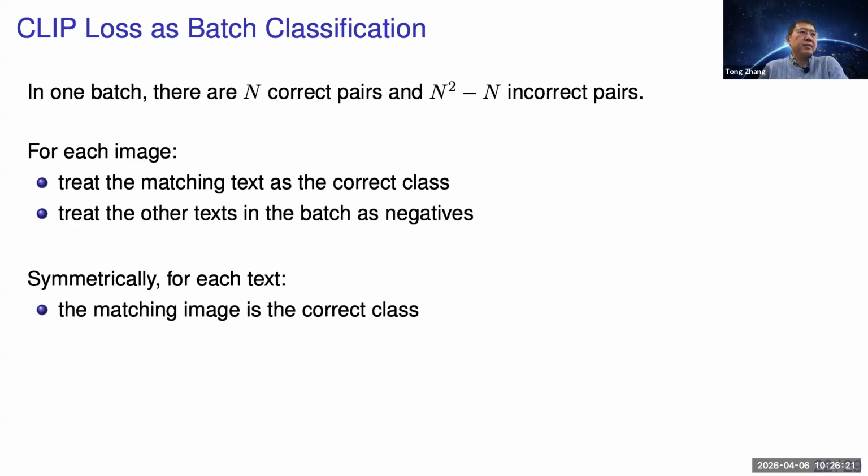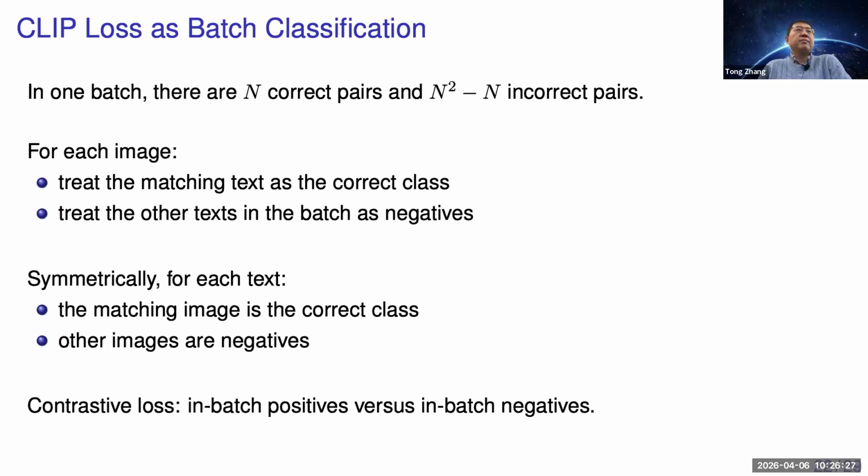Systematically for each text you do the same, treating each other image as a negative, and so on. So it's kind of like treating this as classification. I think that's about it for this contrastive loss. Again, the main idea here, if you think about what it actually does.